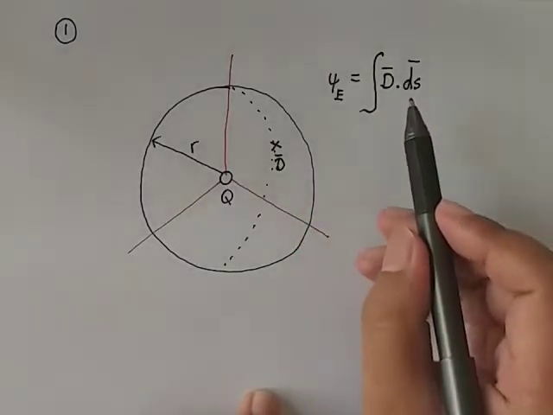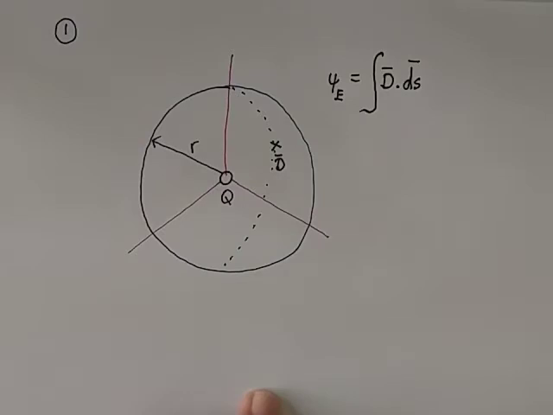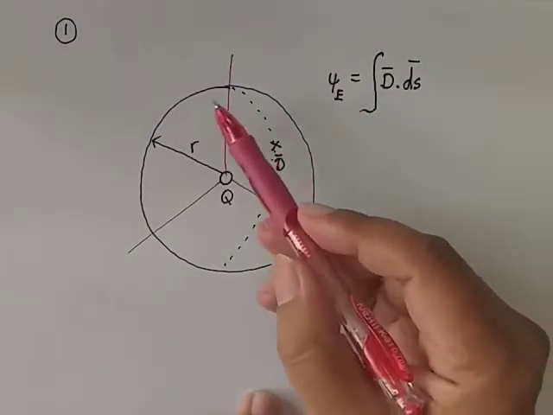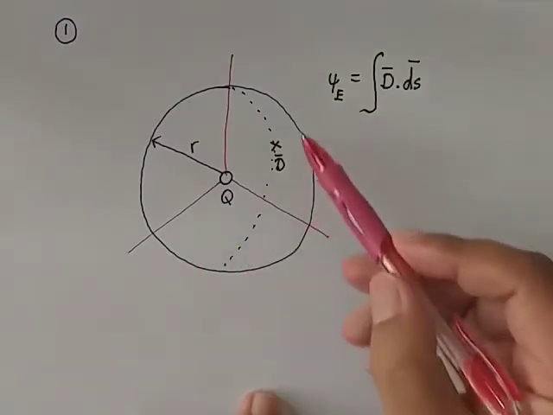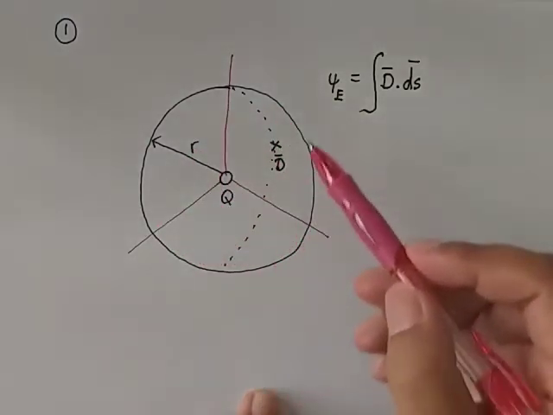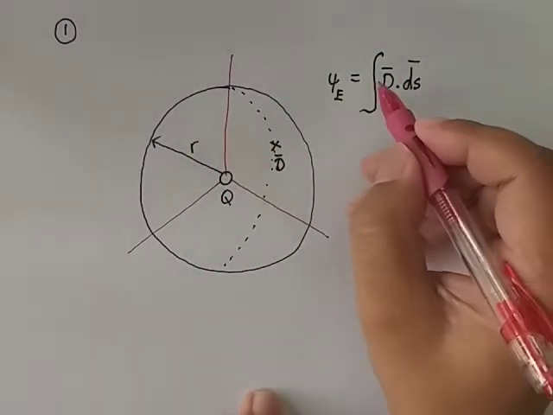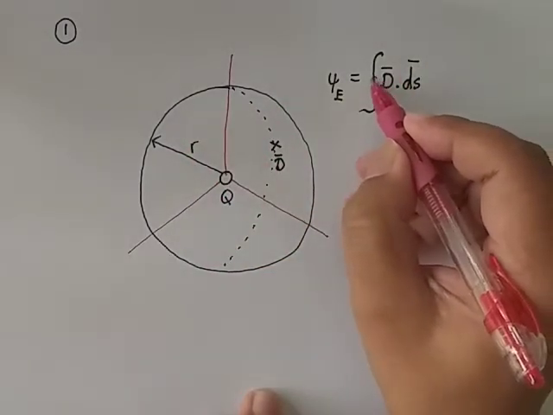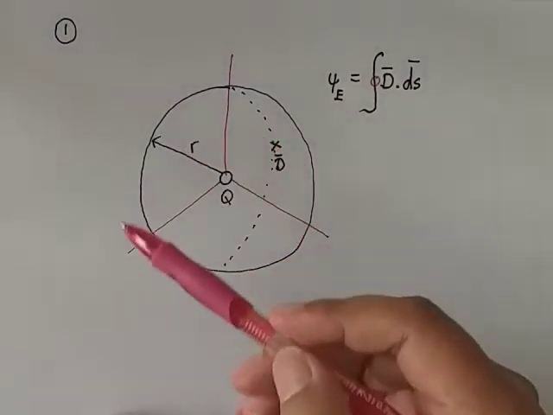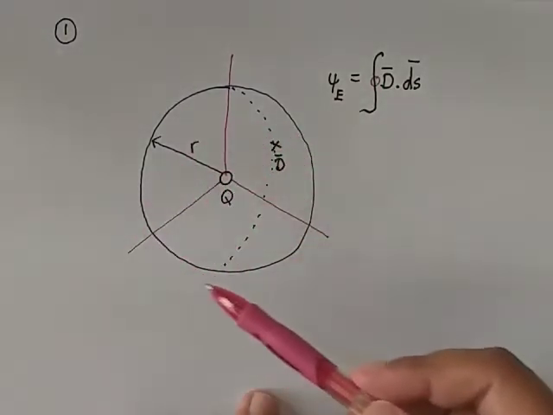I'm going to relate this equation to my diagram now. So I'm going to say now, electric flux is the total flux captured by this sphere. Okay, so total flux means that I have to introduce a completely closed surface, meaning that there's going to be no hole on the surface.